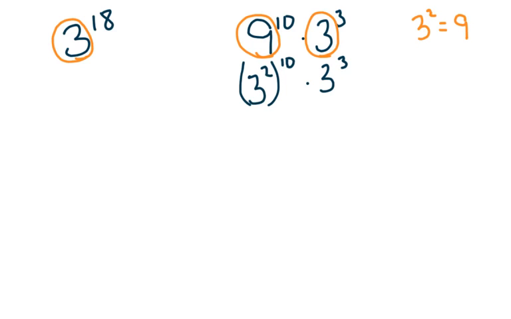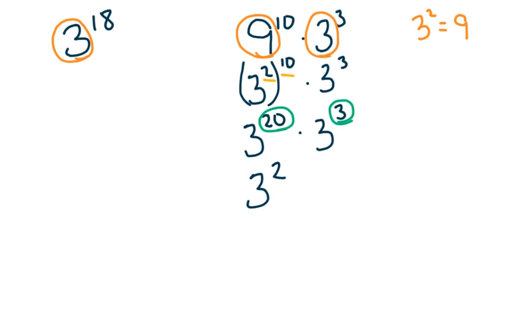Then we're going to use the power of a power property and multiply the exponents there. So we get 3 to the 20th times 3 to the 3rd. Then I'm going to use the product of powers property, where we add the exponents when we have the same base. So we get 3 to the 23rd power. Over here we have 3 to the 18th power. So that makes it easy to compare. 3 to the 18th is less than 3 to the 23rd power.